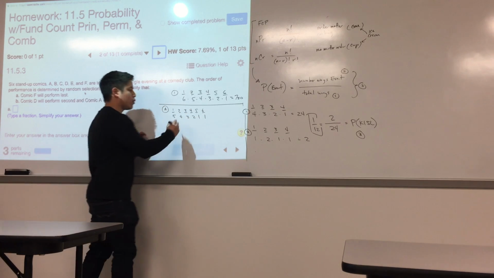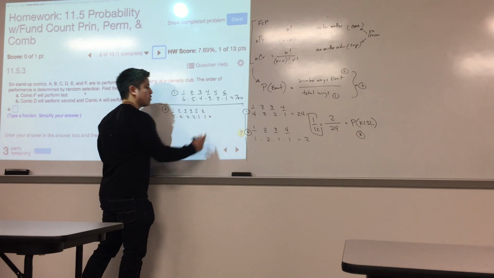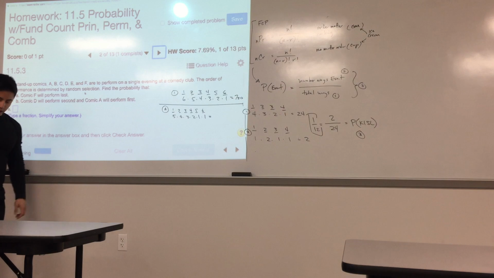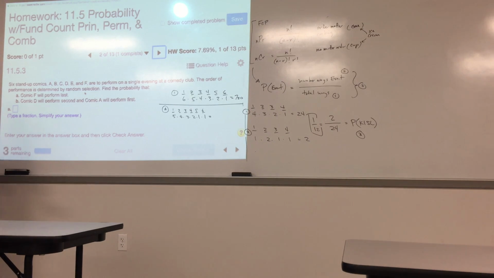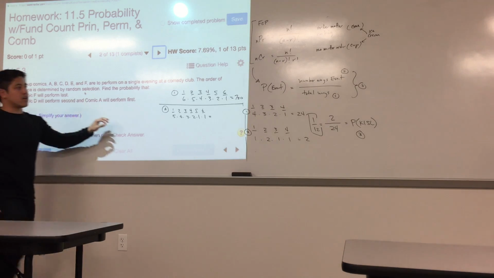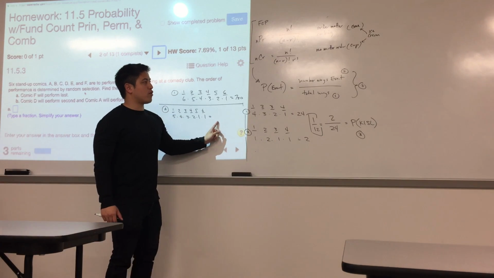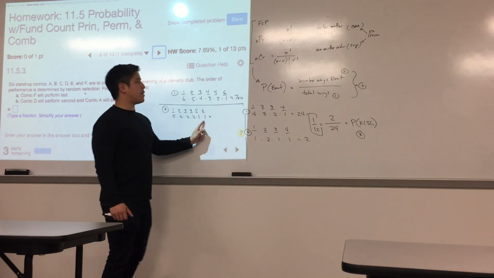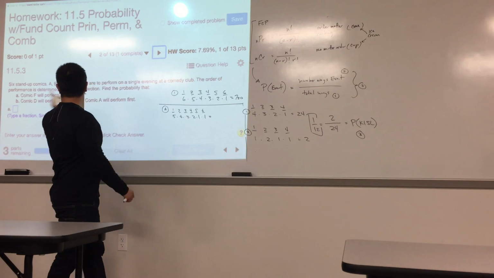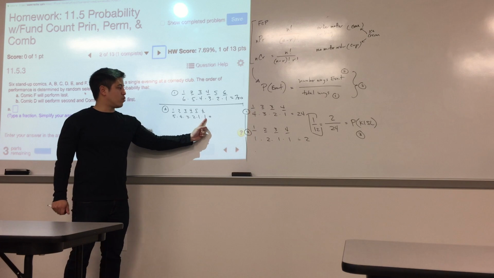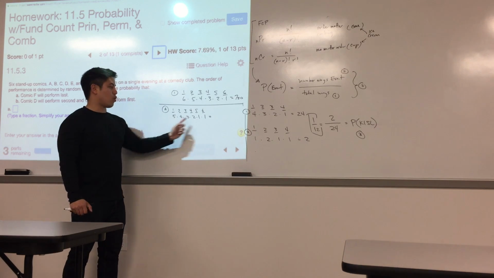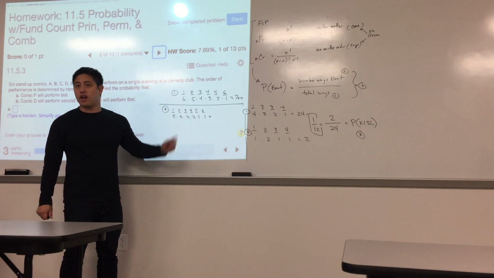What am I finding out right here? What is this going to tell me when I multiply all these together? Your numerator. That is telling us not the probability, it's the exact number of ways, the number of lineups we can get when comic F performs last.